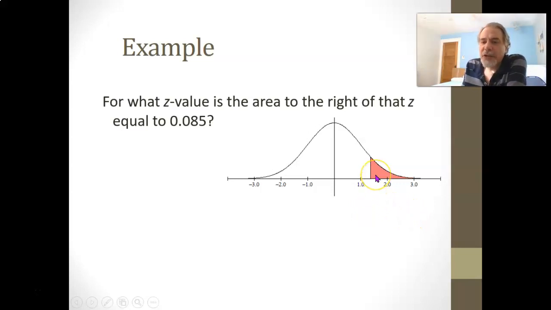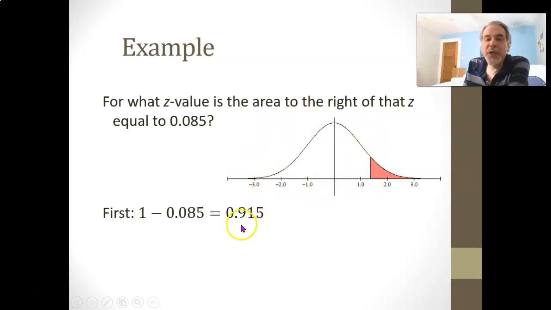Since we're given the area to the right, the first thing we need to do is calculate 1 minus 0.085. That comes out to be 0.915. So the area over here on the left of that z, this part here, is 0.915. And that's what we need to look for on the table.